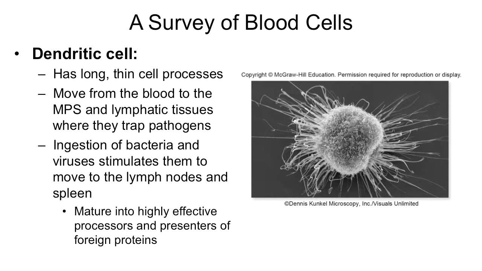They tend to live in tissues, but once they find a molecule that activates them, they are moved into the lymphatics, either into the spleen or the lymph node, where they can then activate the immune system. So they can ingest bacteria and viruses that are going to stimulate them, and then once they are activated, they move to the spleen or the lymph node, and then they show the specific cells of the immune system, the B cells or T cells, like, hey, I found this bacteria, I found this virus in the leg, there's something going on there, go take a look at it and check it out.